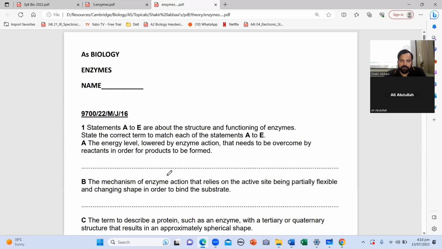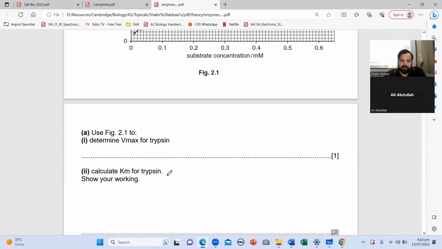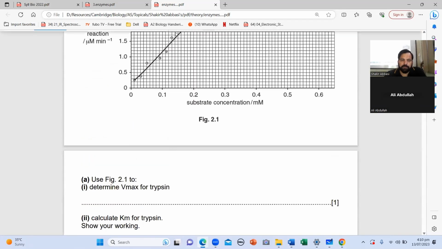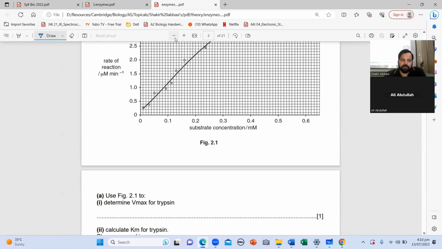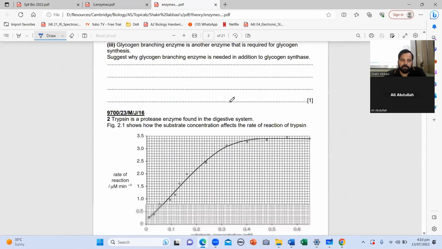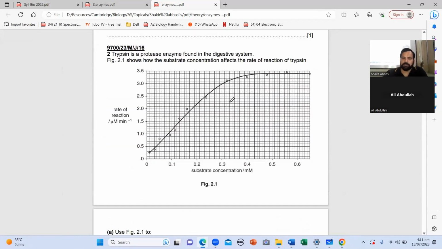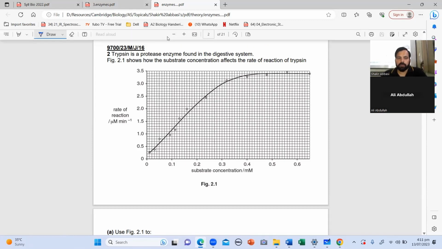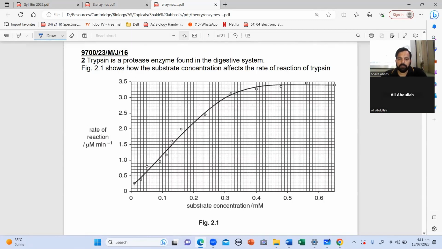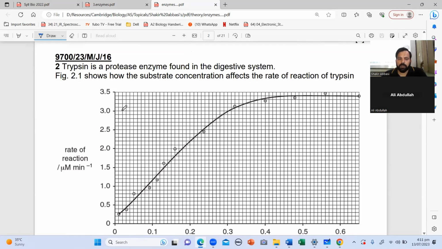So, determine Vmax. Yes, it was added in 16, okay. 3 point? Yes, Mr. Ali, anybody? 3.4, yeah. So Miss Noor is very right.